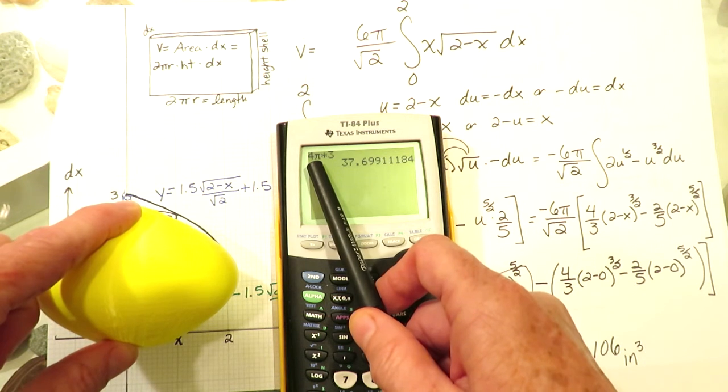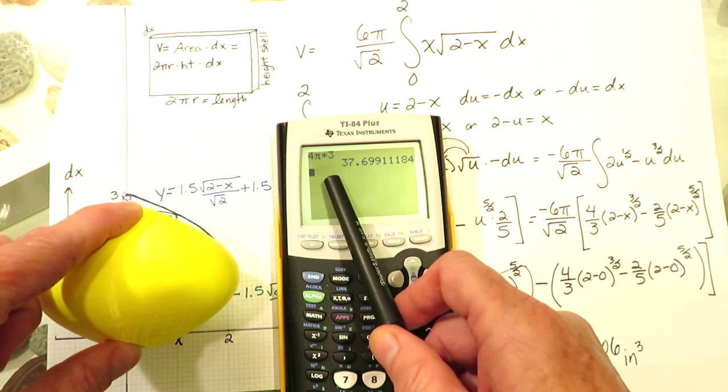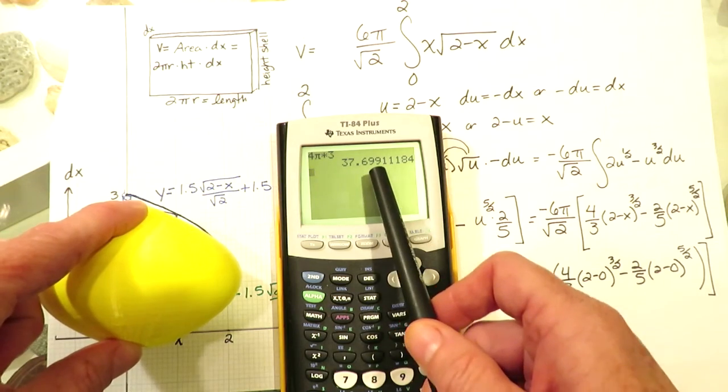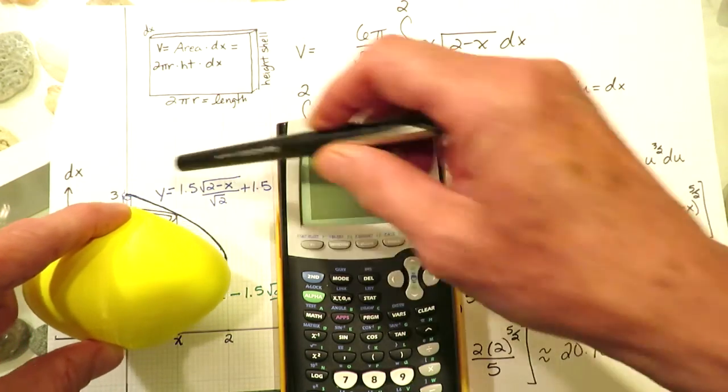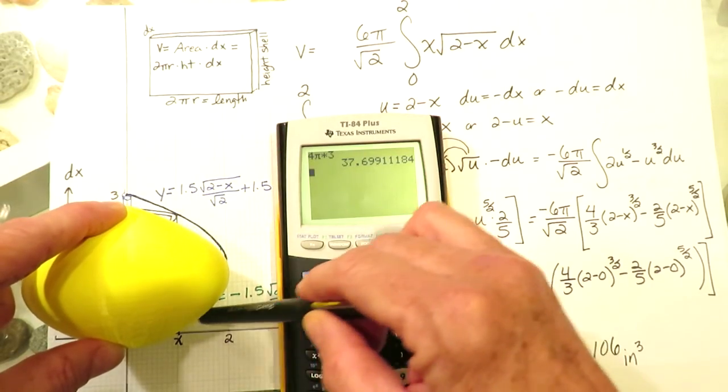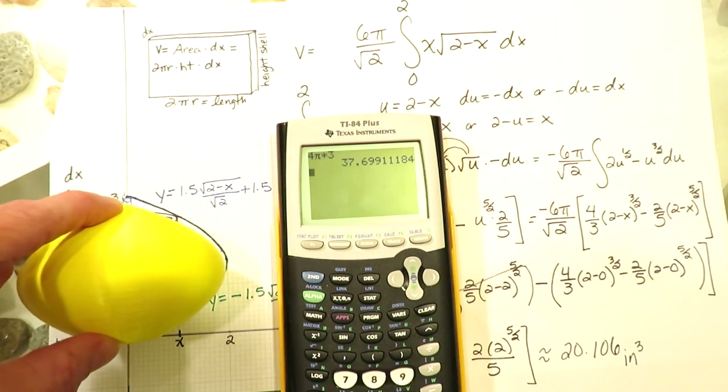If my radius was 2, it'd be 4 times pi, and then the height of 3, that would be 37.7. So we've trimmed off some, there's no volume up here, no volume up here, so it makes sense that it should be about 20.